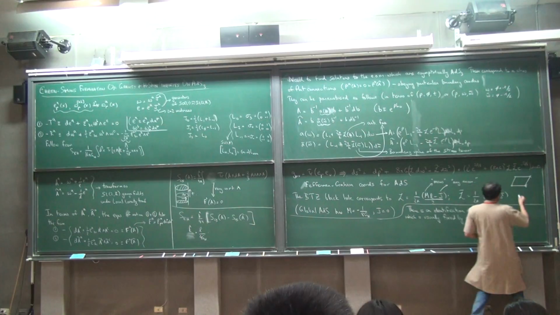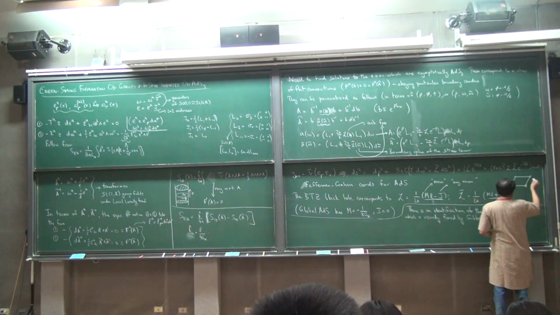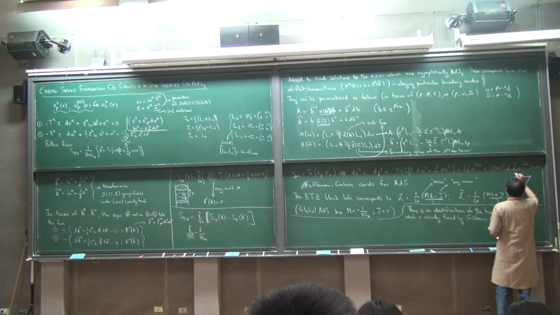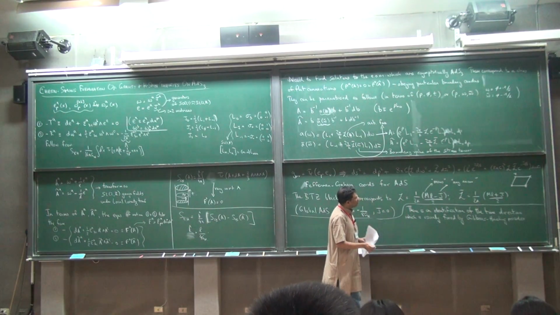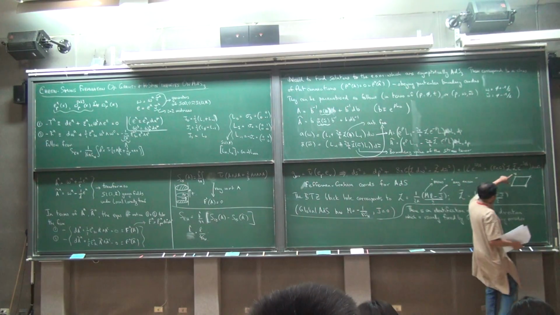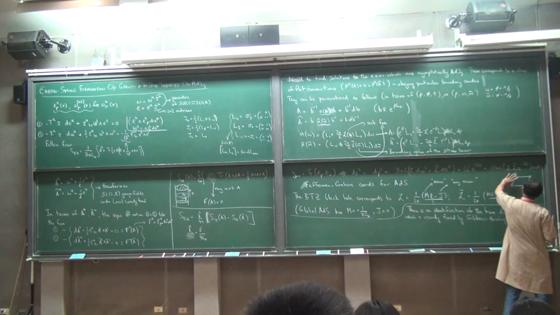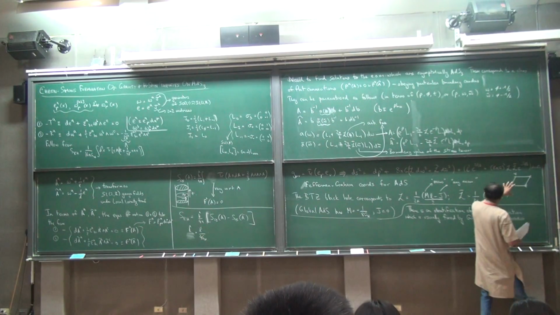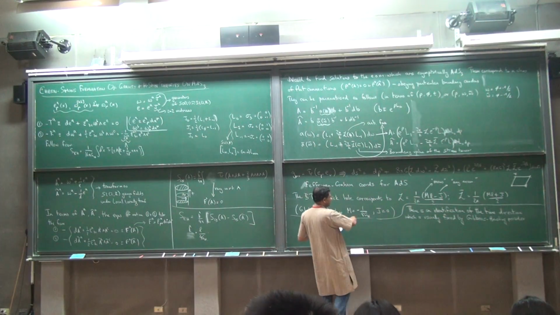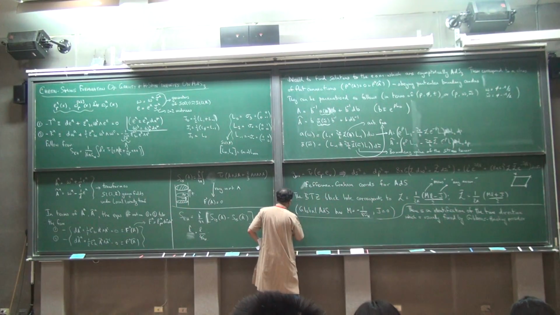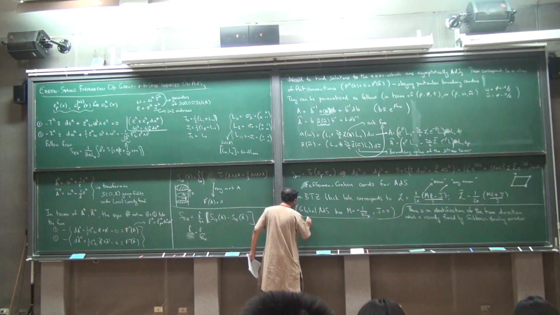So this is the geometric depiction of a torus with modulus tau. You can fix this periodicity in terms of this original metric by the Gibbons-Hawking procedure that I just mentioned, requiring regularity. But in this frame formulation, there's an alternate way to arrive at this.